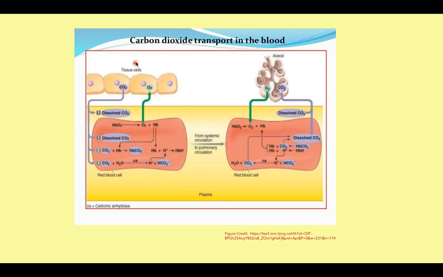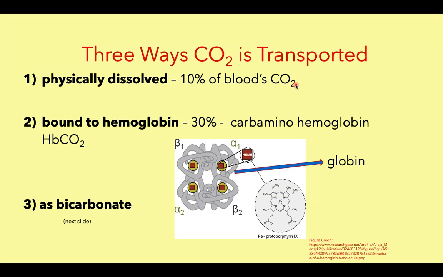And then we can see how the tissue cells are producing this CO2 and oxygen is being dumped off into the tissue cells. In the alveoli, this is where oxygen is abundant and it's traveling into the red blood cells. And here is CO2 that's dissolved and CO2 that is within the red blood cells being dumped off into the alveoli. The third way is as bicarbonate.